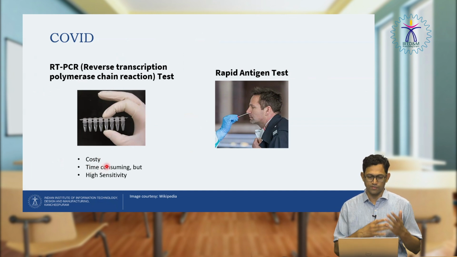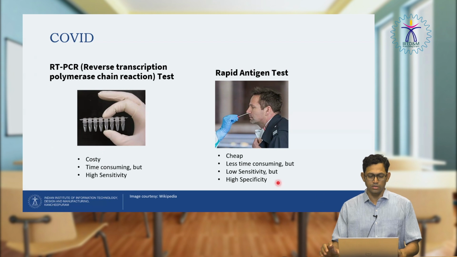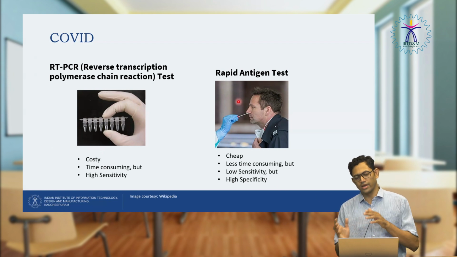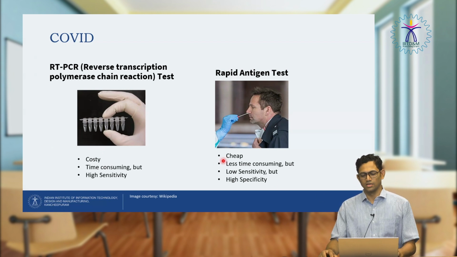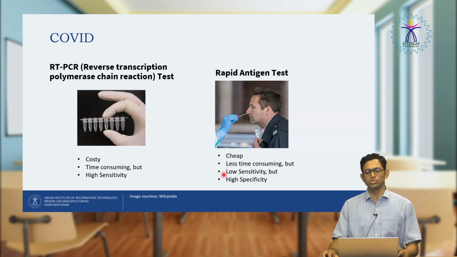If someone is found to be positive in this, you are definitely suffering from COVID. On the other hand, the rapid antigen test was cheap and less time consuming, but it had very low sensitivity.